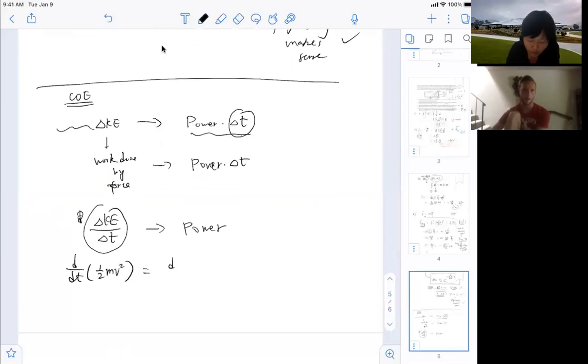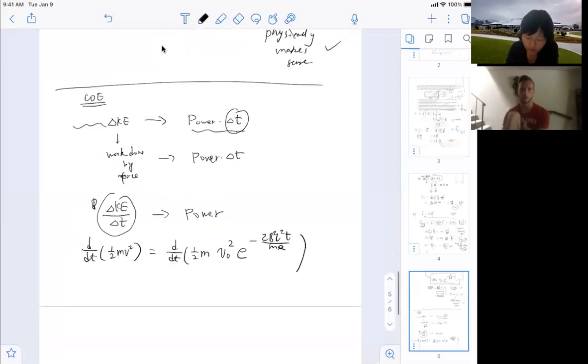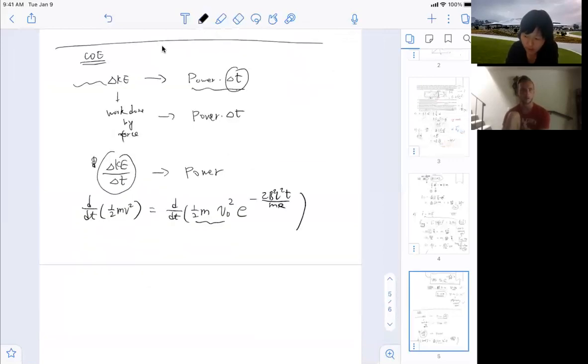So it will be d dt of 1/2 m, where v is v naught squared e to the power of 2B squared L squared t over mR. All of these are constants, so I can move them out of the equation.